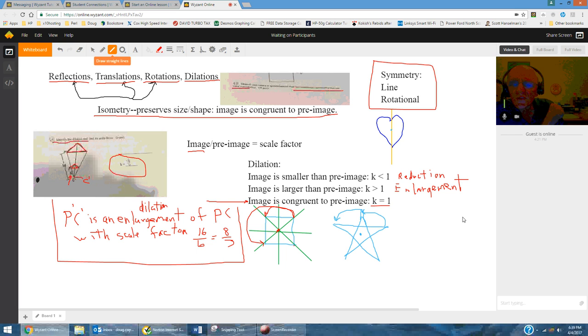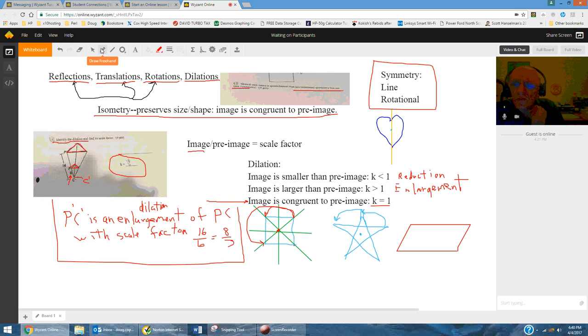So let me draw a parallelogram. I didn't draw a very good parallelogram, but you get the idea. It doesn't matter where you draw a line, this shape does not have line symmetry.